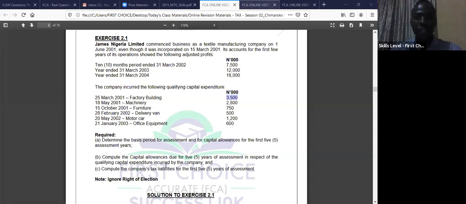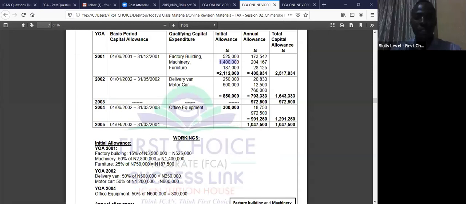And so when we add this figure to this figure to this figure, these three figures give us this bold figure. So that is for the year 2001. We use the same method for 2002. Delivery van is 50%.